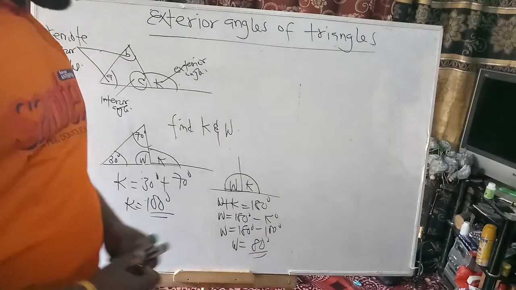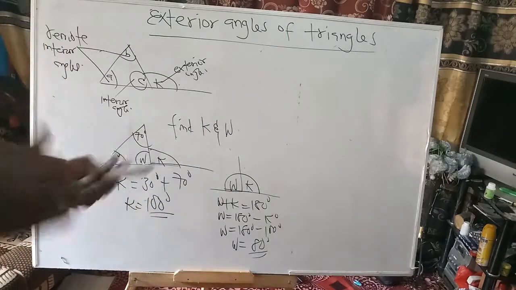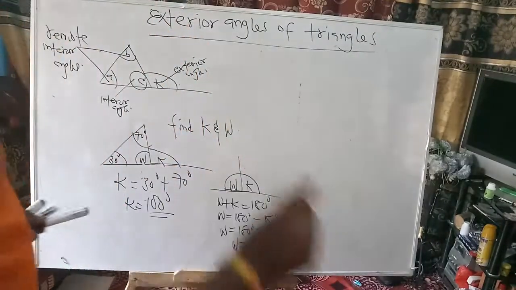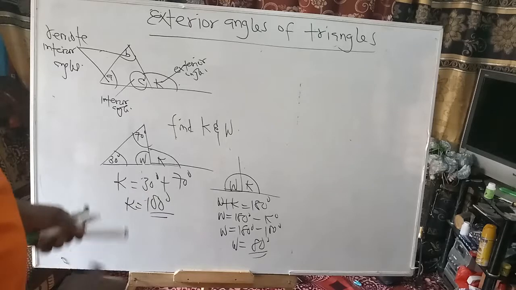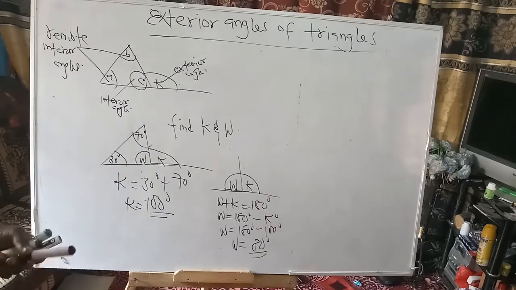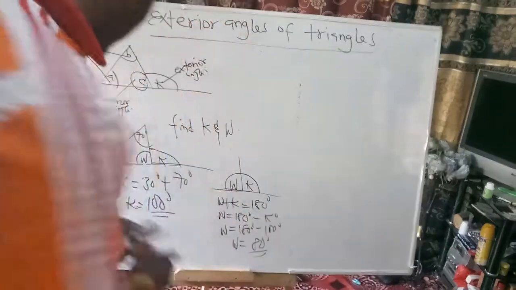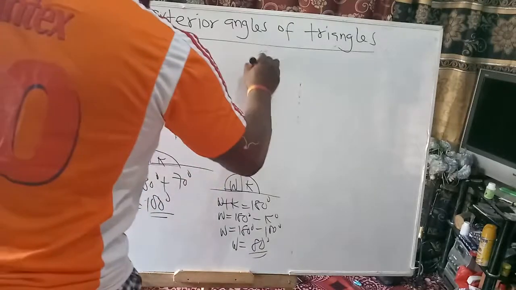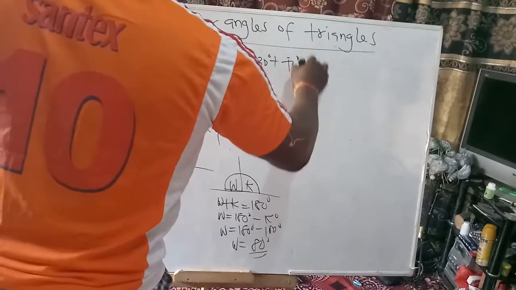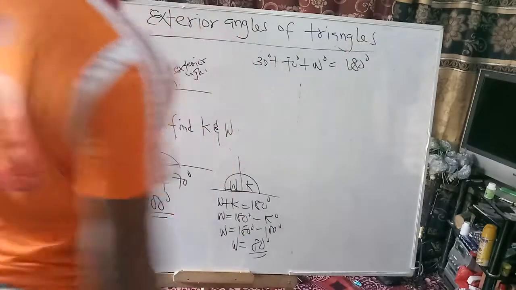We can also have an alternative solution for this. Let us look at the alternative. We know that the sum of interior angles of a triangle adds up to 180. So 30 degrees plus 70 degrees plus W degrees should give me 180 degrees.